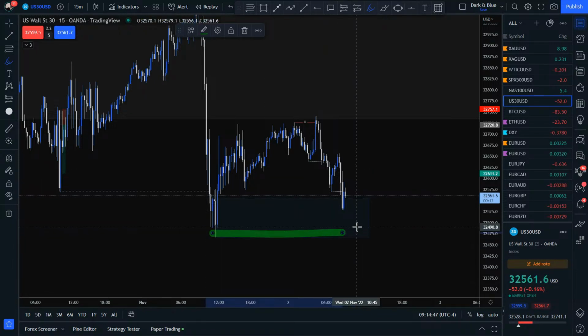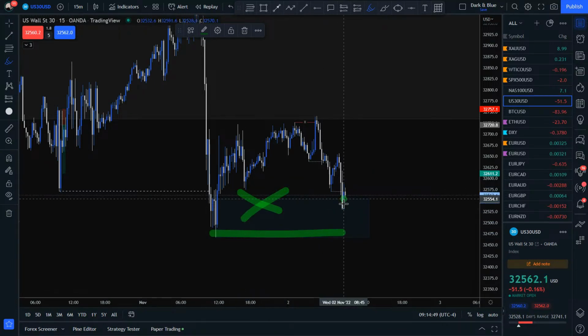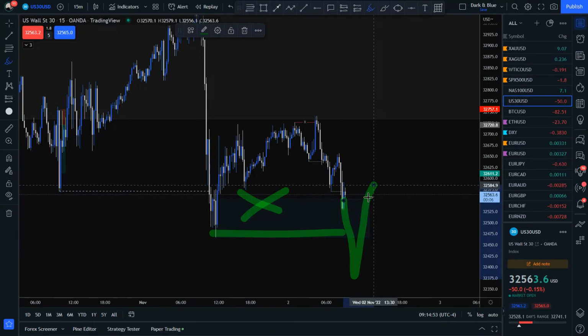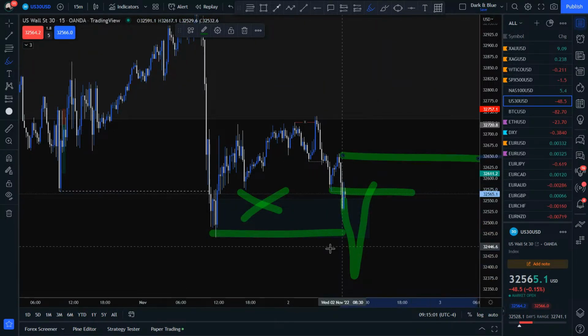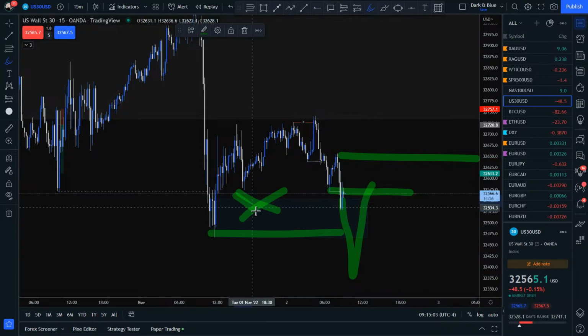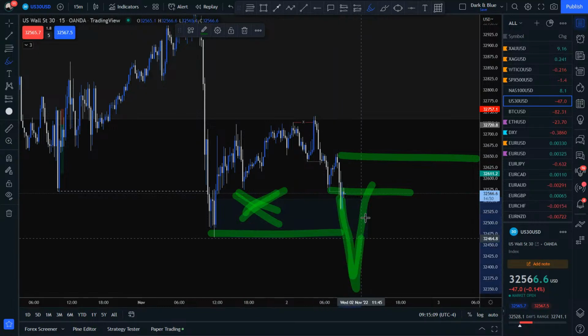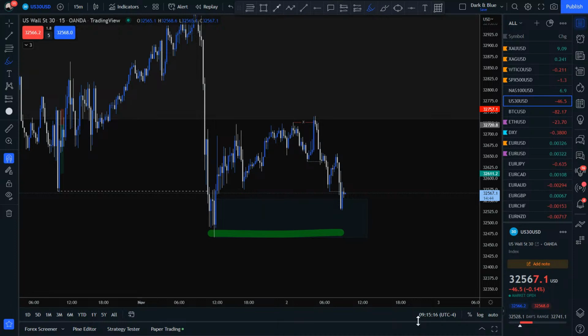Safest bet is to wait until this supply is taken out before you take sells. All right. Wait for the supply to be taken out with a break and close below it, and you catch the pullback to the supply that is. You wait for this demand to get taken out by supply, and once it's taken out, you wait for the pullback to supply, and you can take a high probability trade to the downside.